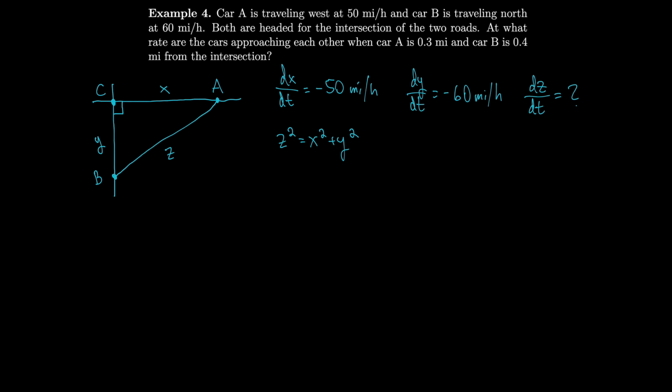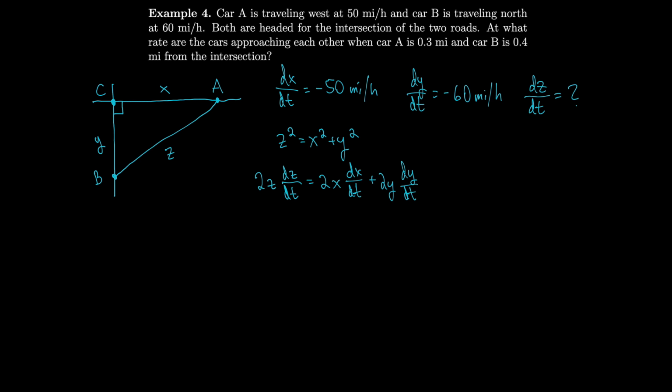Notice in this case, we don't have the latter being constant. z is changing in addition to x and y changing, so we can't plug in anything at this point. We have to just differentiate with all three of our different variables. And they all depend on t, so they're all dependent variables. So we get 2x dx dt plus 2y dy dt.